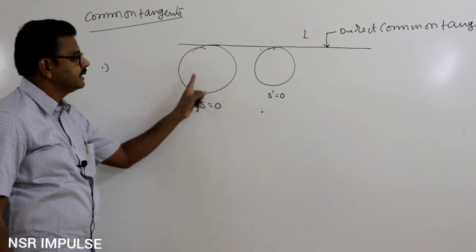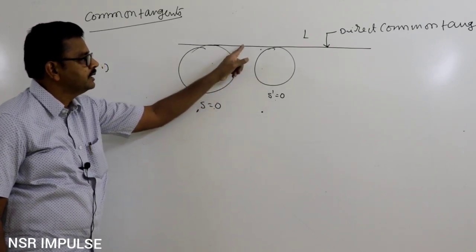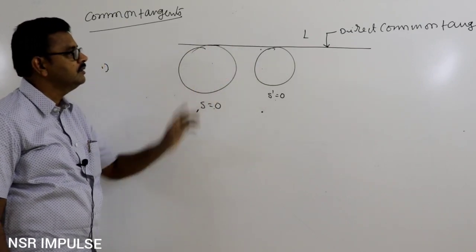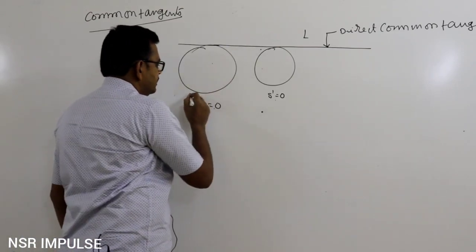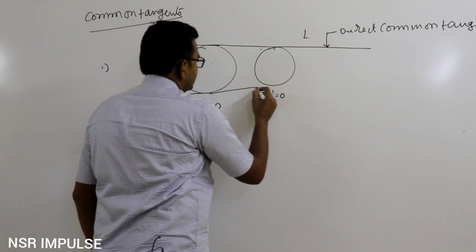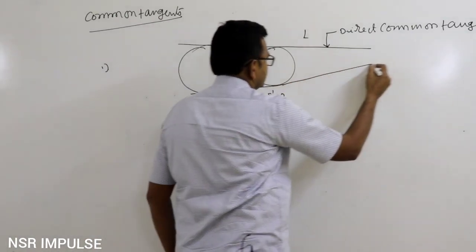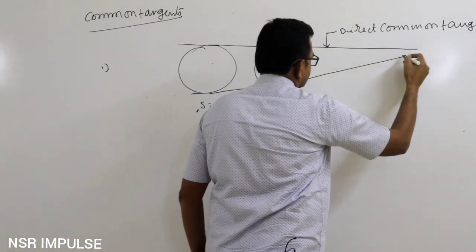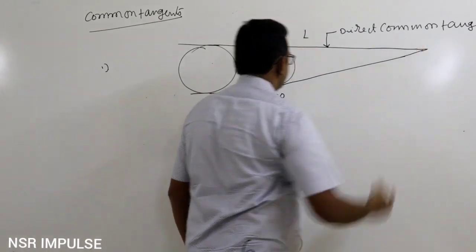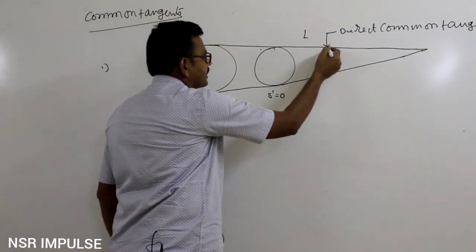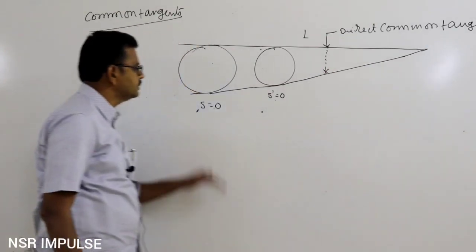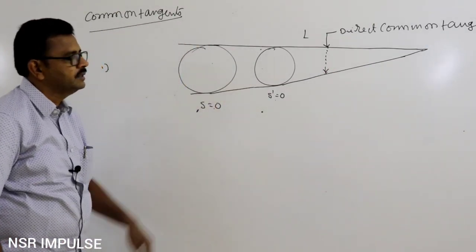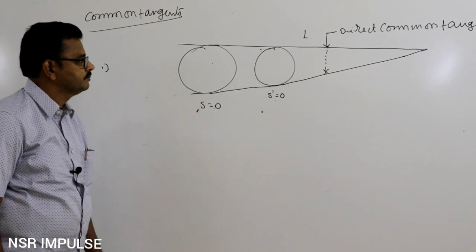If the two circles lie on the same side of the line, that line is called a direct common tangent. So this is a direct common tangent, and this is also a direct common tangent, because the two circles lie on the same side of the line L.